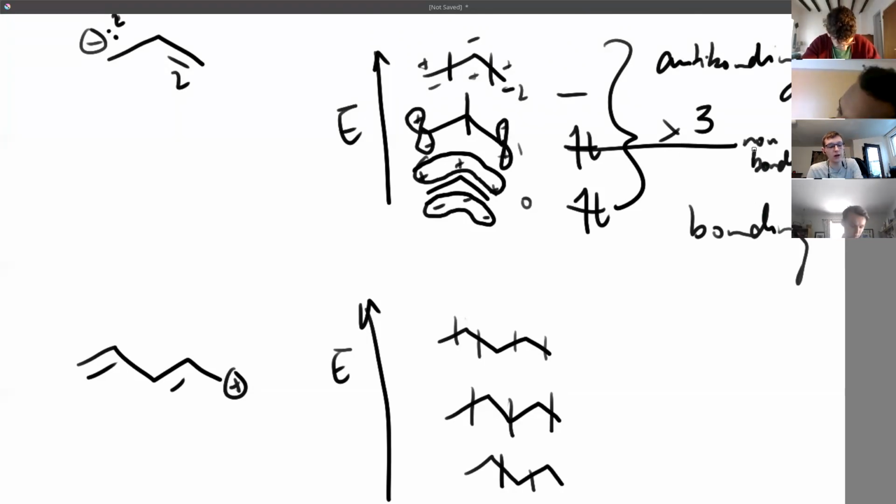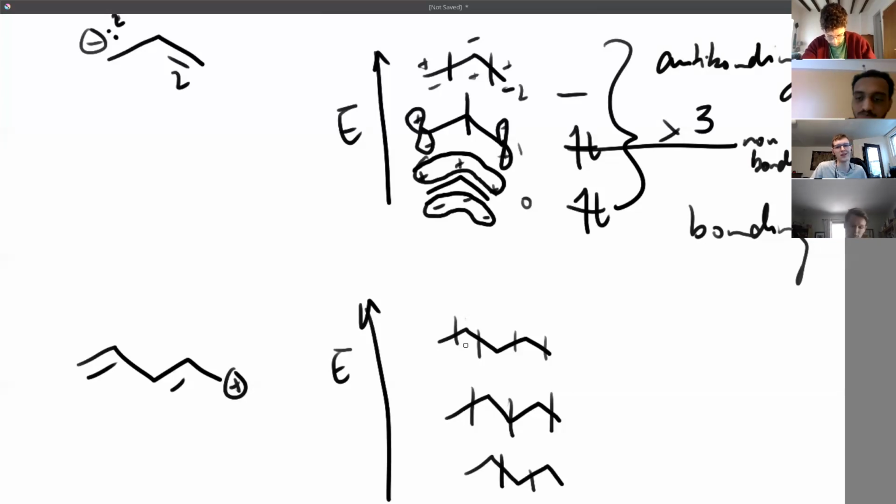So a rule of thumb is that you only get non-bonding orbitals when you have an odd number of atoms in your conjugated system. That rule is okay to hang on to for now, but it's a bit dangerous to use in general, because once you get rings, things get more complicated.